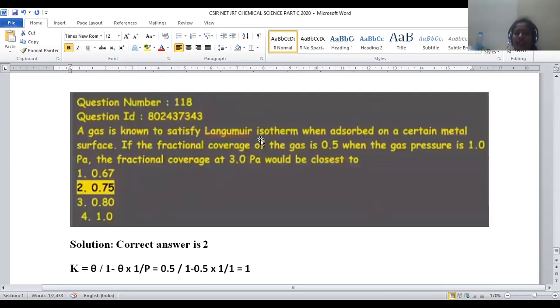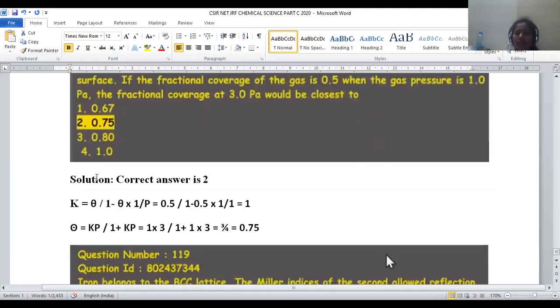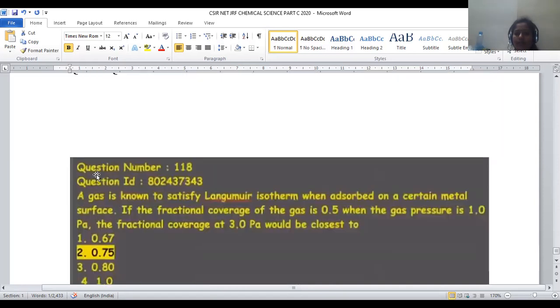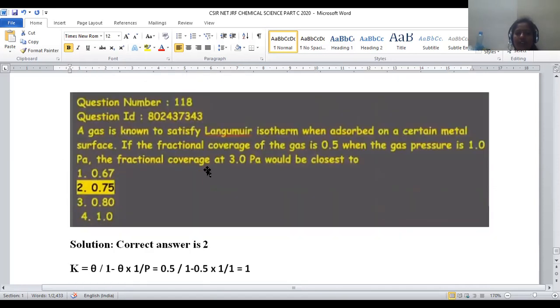A gas is known to satisfy the Langmuir isotherm when adsorbed on a certain metal surface. If the fractional coverage of the gas is 0.5 when the gas pressure is 1 Pascal, the fractional coverage at 3 Pascals would be closest to.